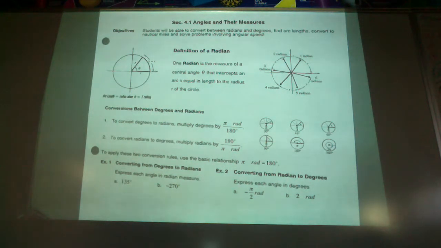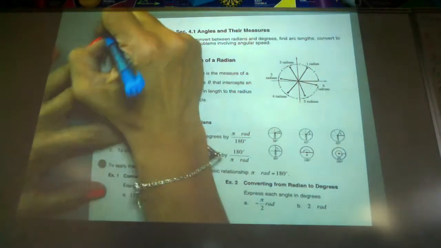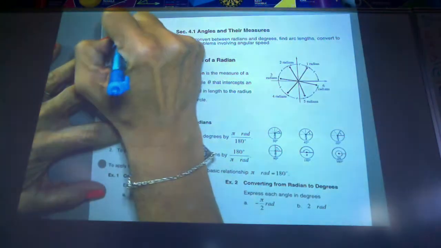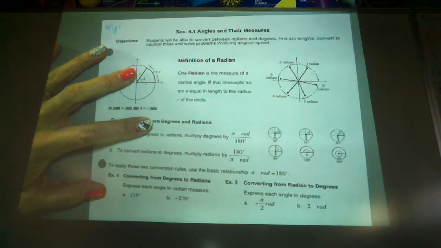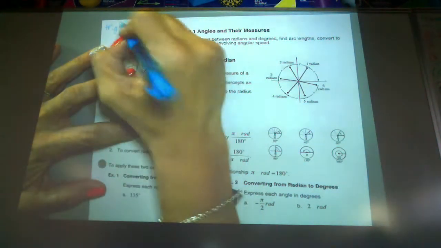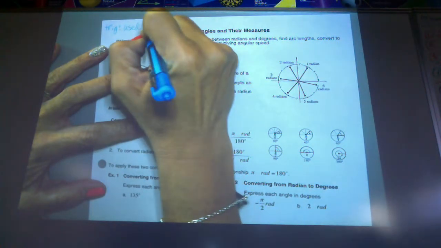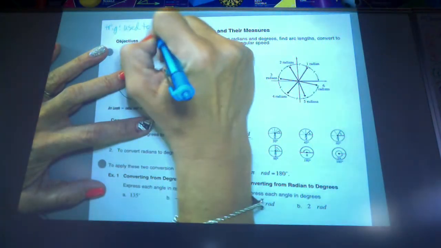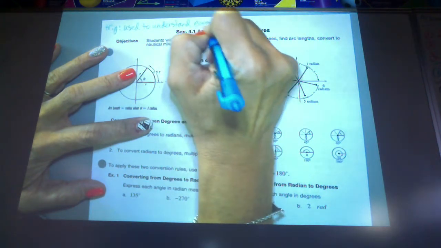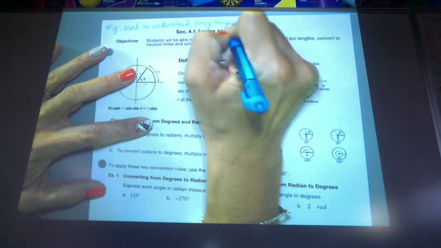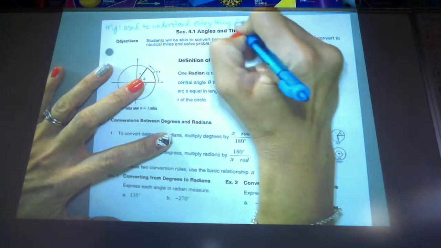So, trig is used pretty much with anything that has curves or waves. So trig is used to understand everything from electrical current.